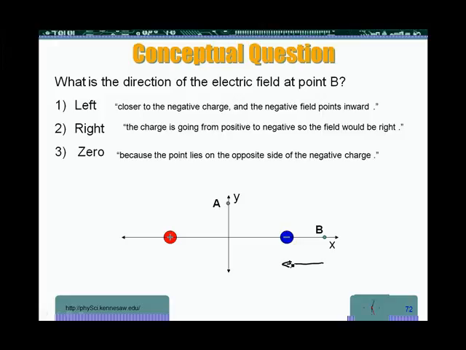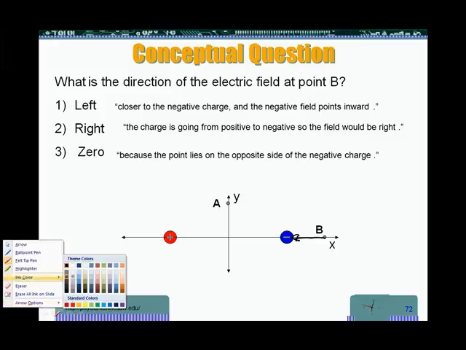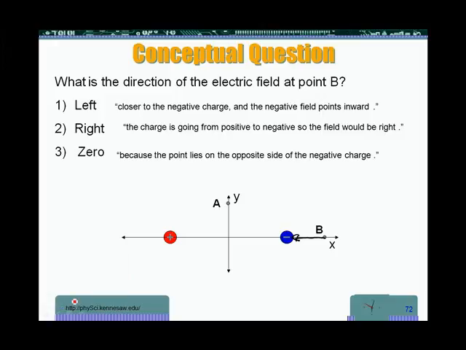Now, the electrical field due to the positive charge should point away from the positive charge. Away from the positive charge will make it like this.